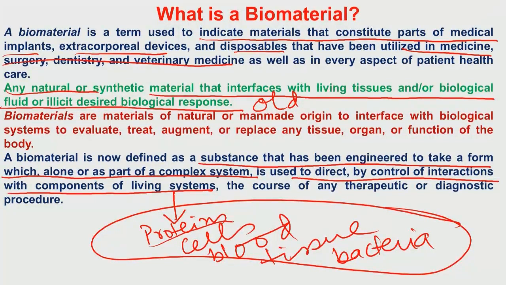Protein adsorption is a precursor to cell adhesion and cell proliferation. Then blood: it should have good blood compatibility or hemocompatibility, and tissue compatibility. And bacteria: ideally a material should not encourage the growth of bacteria, because if bacteria grow, they can cause biofilm formation, then infection, and it can ultimately lead to revision surgery. And all this interaction leads to the therapeutic or diagnostic procedure.